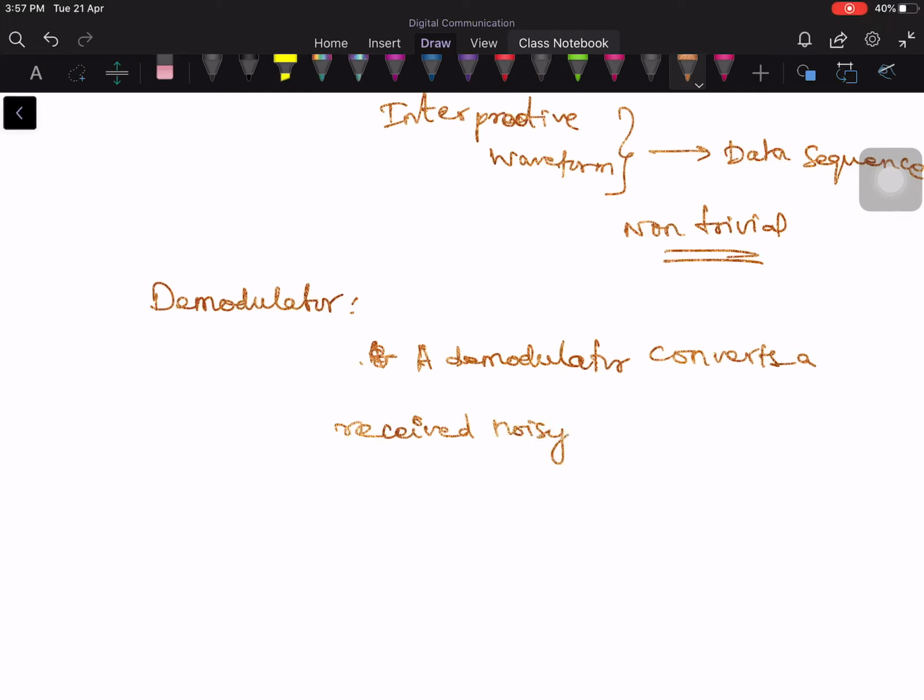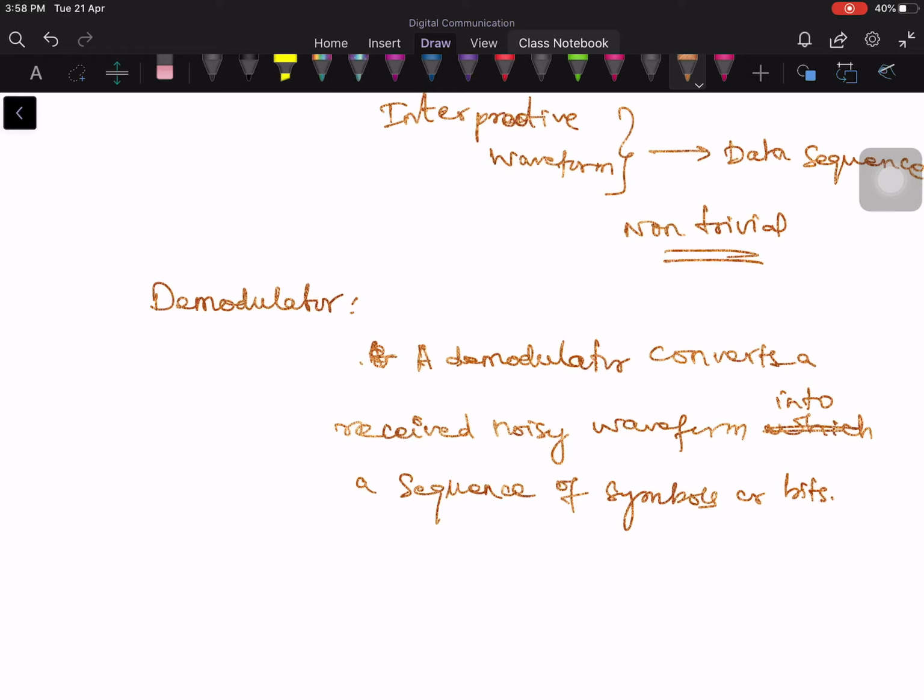Because the clean pulse is contaminated by noise, interference and distortion. It converts the waveform into a sequence of symbols or bits. So that's the job of the demodulator.